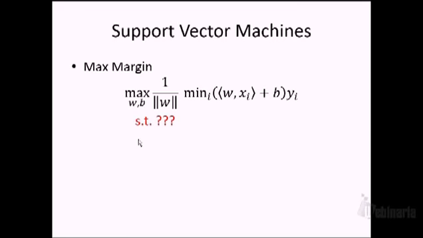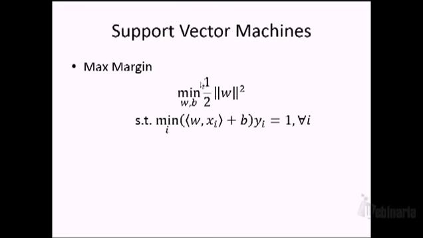But you still face this minimization, which is not convenient. A better constraint would be, well, since this is an annoying term, let's constrain it to be 1, and so we don't need to worry about it in the objective function.